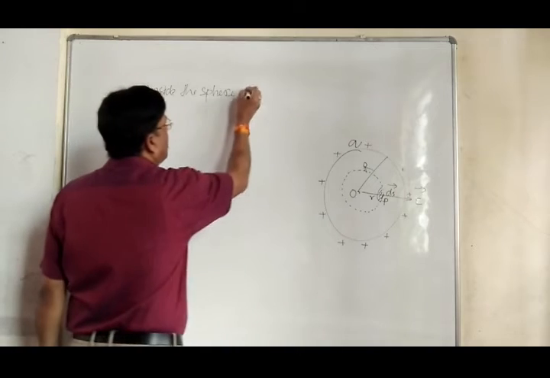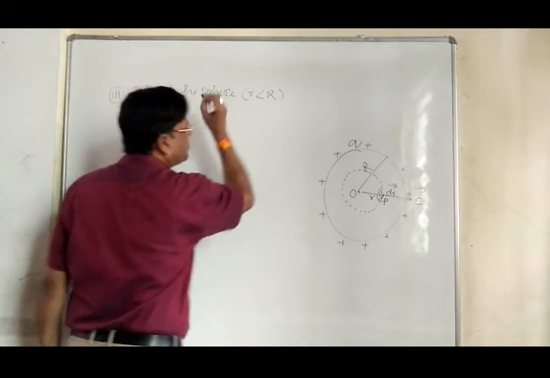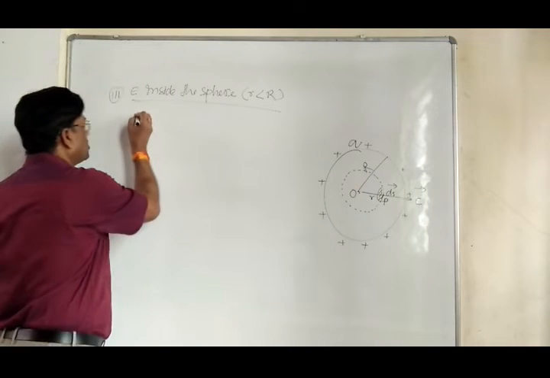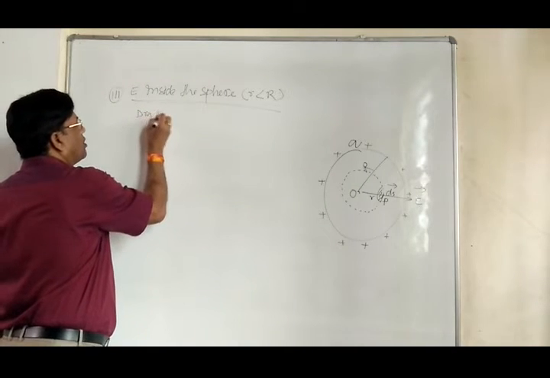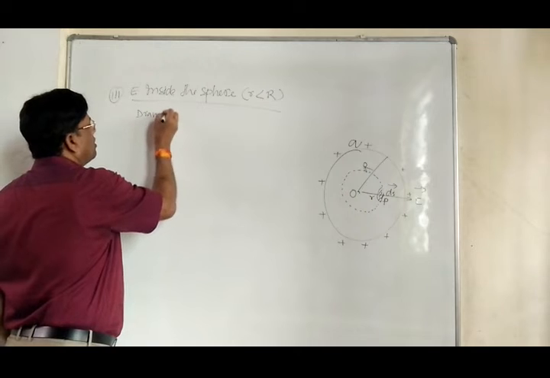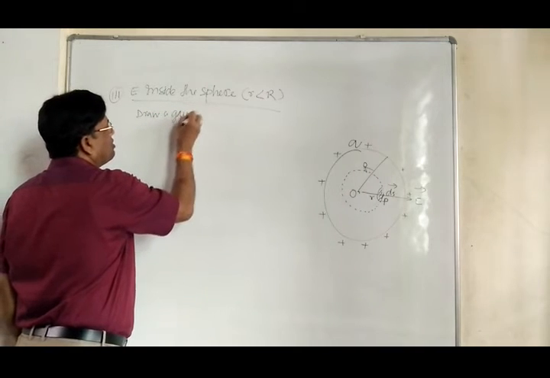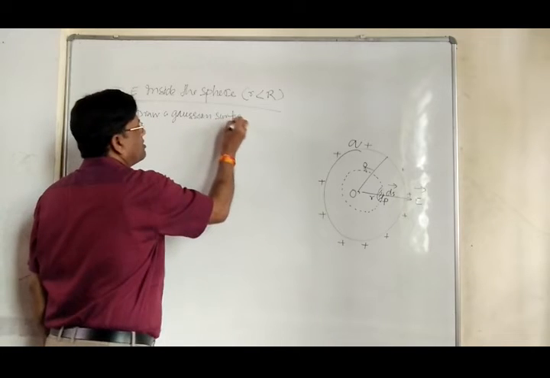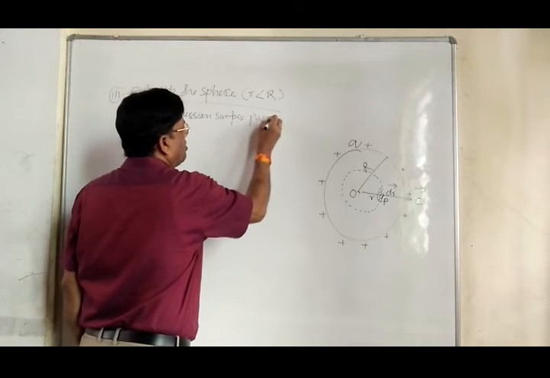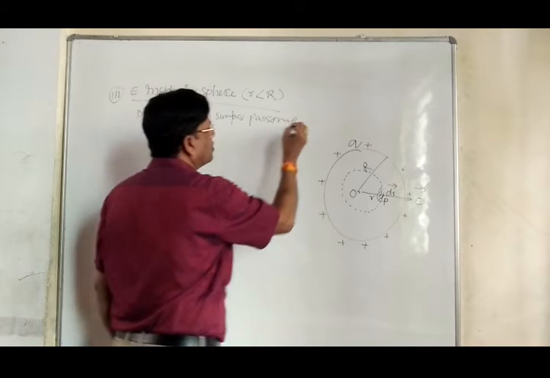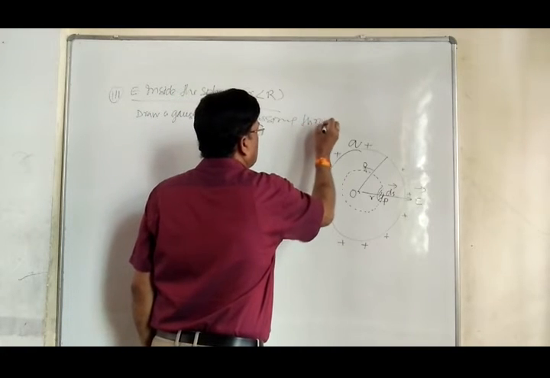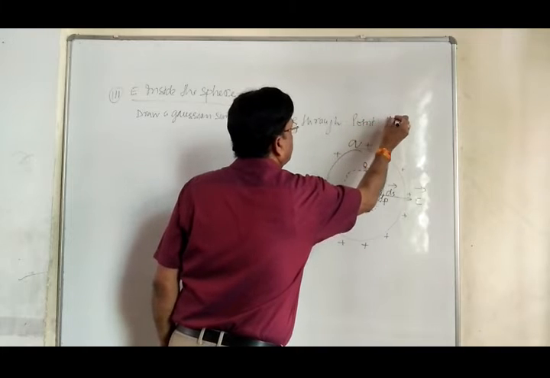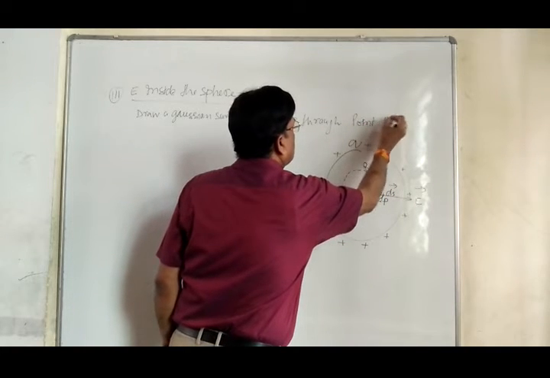E inside the sphere means r less than R. So we'll draw a Gaussian surface passing through point P, like this.